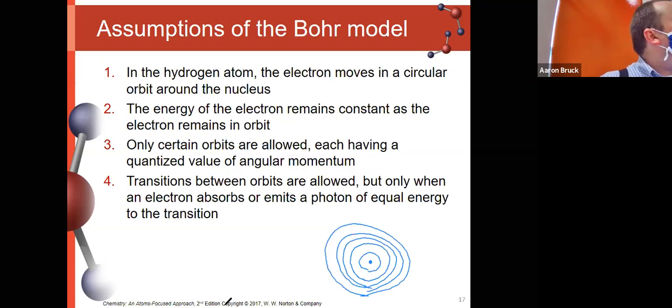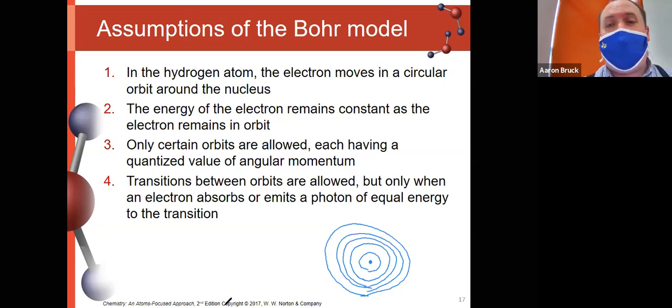And you can transition between the orbits, provided that you absorb or emit a photon of energy equal to the amount of energy that is different between the two orbits. And so that's what Bohr's model, the planetary model of the atom as it is sometimes called, those were the central assumptions of that model.